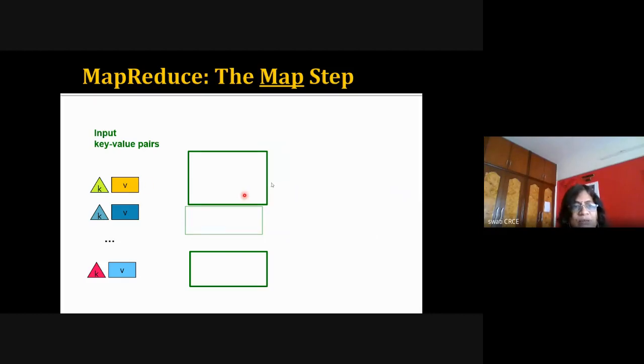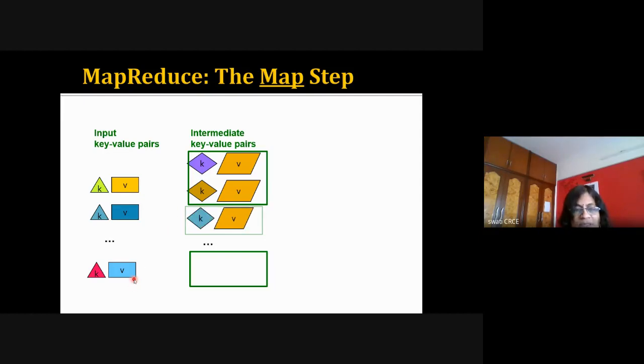Suppose this key and value is the input to the mapper, and intermediate keys and values are created. This is the entire key and value input. One key and value is input to this mapper, and it has created two intermediate keys and values. Another key and value goes to another mapper, which may create one key and value.